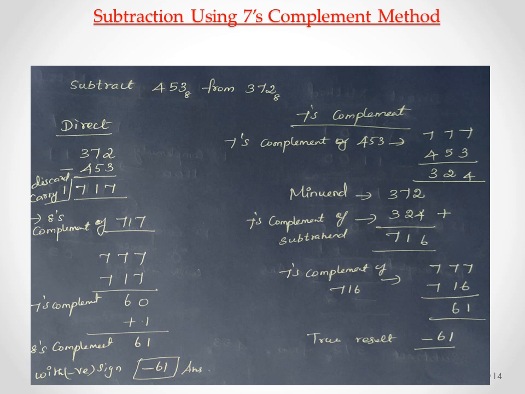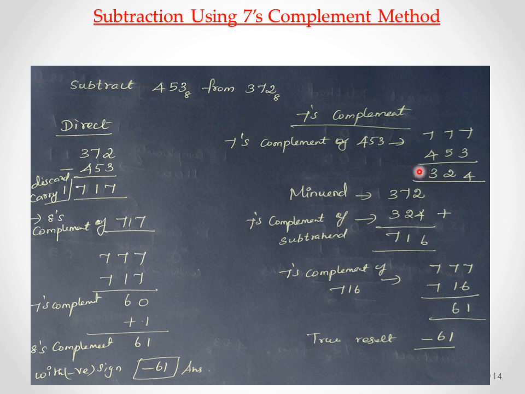Now let's discuss with 7's complement octal subtraction. First, we will get the 7's complement of the subtrahend. So 7's complement of subtrahend 453 is this one. So 777 minus 453. So 7 minus 3 is 4. 7 minus 5 is 2. 7 minus 4 is 3.